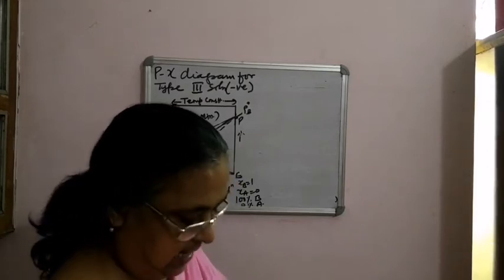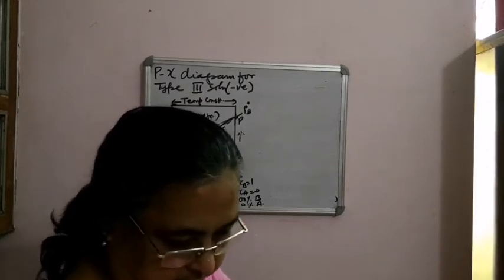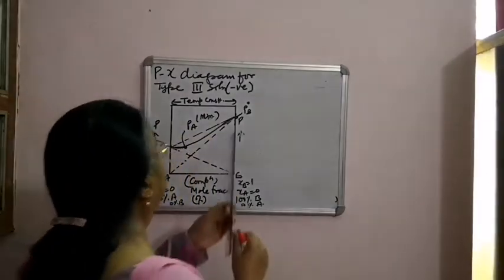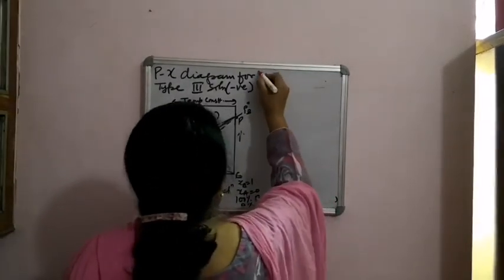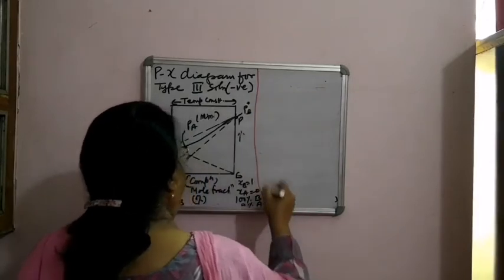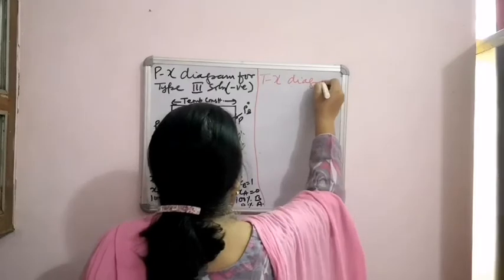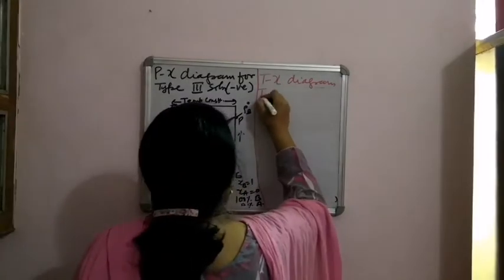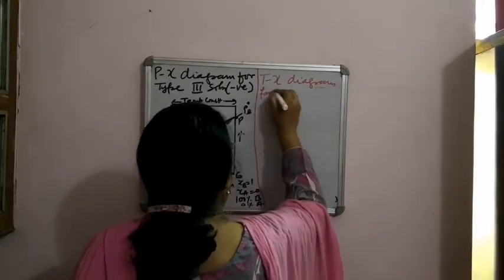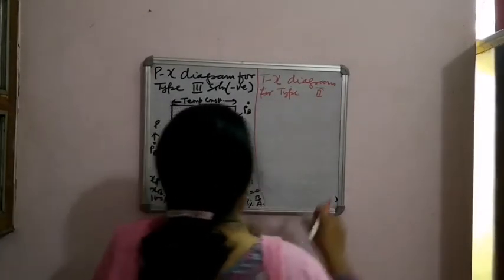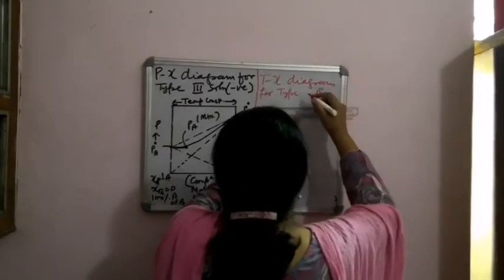So if we draw the TX diagram for the same, TX diagram for type 3 exactly, showing negative deviation. So draw it.